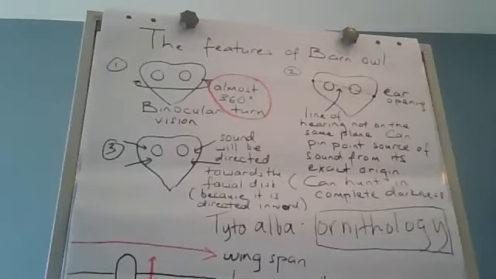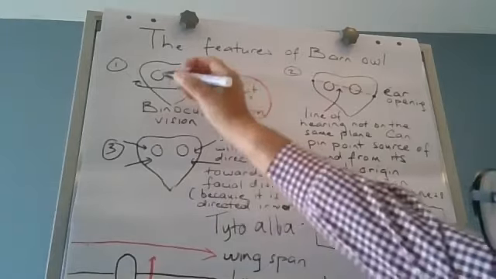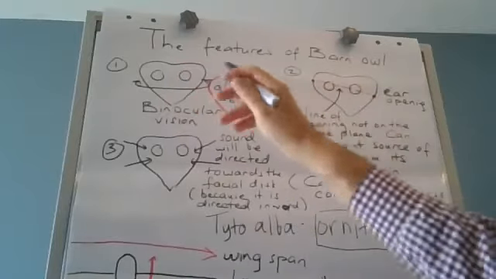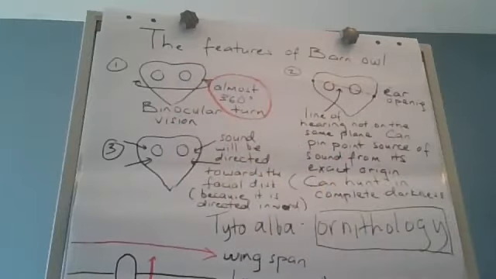And this type of vision is called binocular vision, whereby the eyes are facing forward, and it can cover whatever is in front of it almost wholly, and the ability to turn its head almost 360 allows a complete 360 degree vision of its surrounding area.